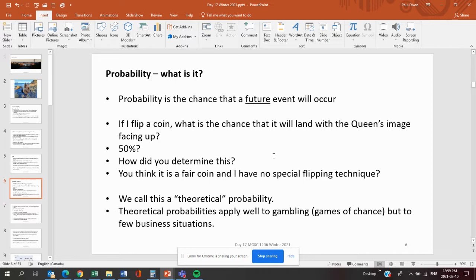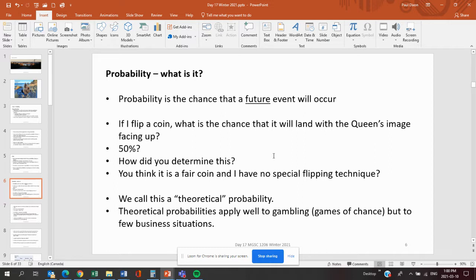You might think of probability like flipping a coin. A Canadian quarter, a 25-cent piece, has two sides to it, like most coins do. On one side is the face of the queen. On the other side, there is an animal with antlers, a caribou. The coin's a really simple thing. If I flipped it, I don't have any special techniques.